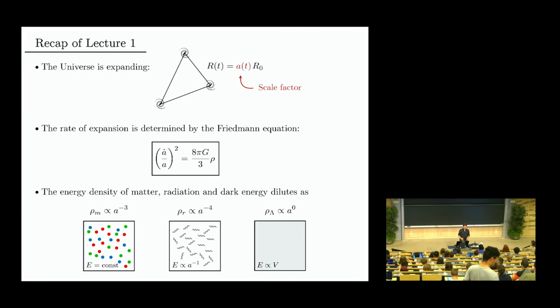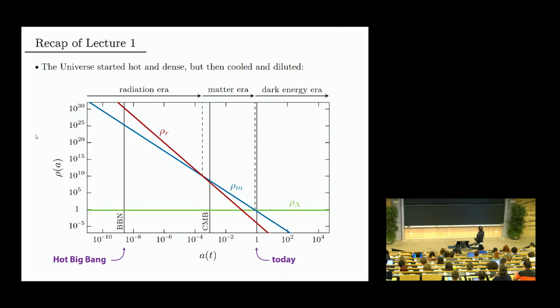The matter density dilutes by the volume, the radiation density dilutes by volume, and its energy decreases by a redshifting effect. Somewhat surprisingly, the dark energy density doesn't dilute at all. So the energy of any region of space increases as the space gets bigger, which is rather strange.